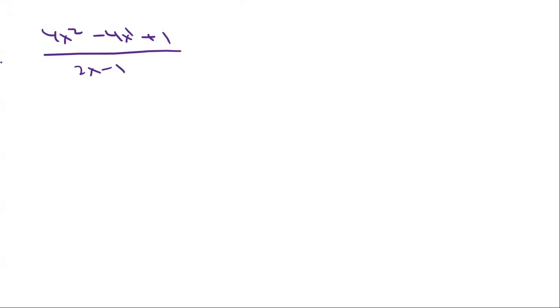Now, if I only had one term, then I can just divide each of the terms from the top by that one term, and I'd be done. But unfortunately, we don't have that. We have a binomial, so we have two terms. So what do we do? Well, we're going to apply long division.